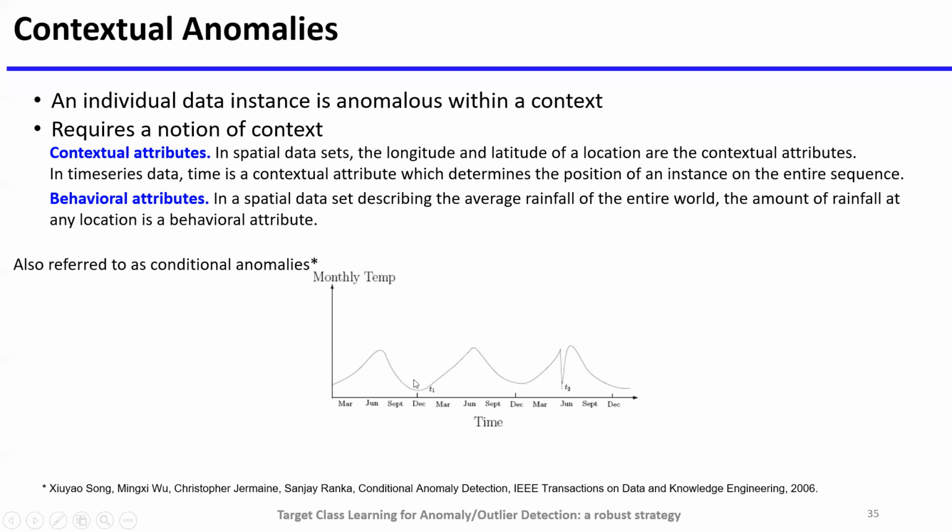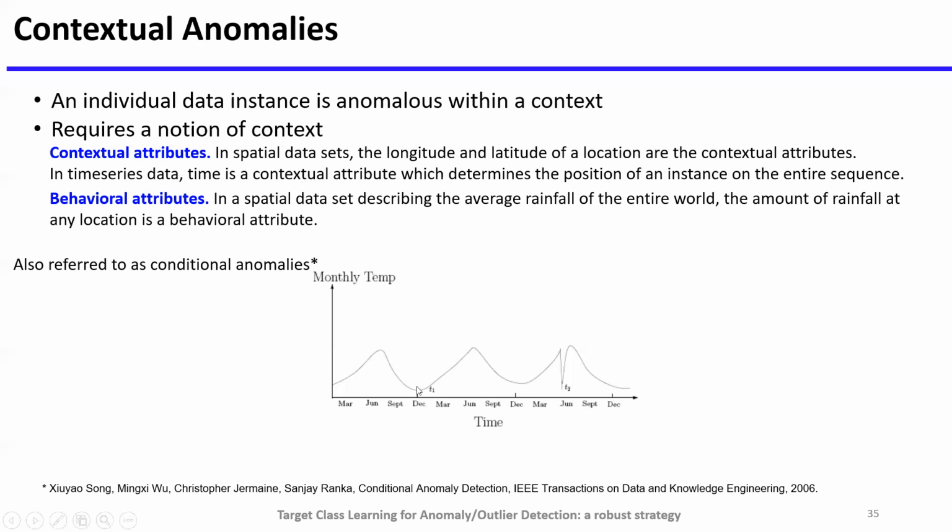For example, if we take temperature and time on the X and Y axes and look at the behavior through a graph, in the month of December, which is usually winter, a drop in temperature can be normal.